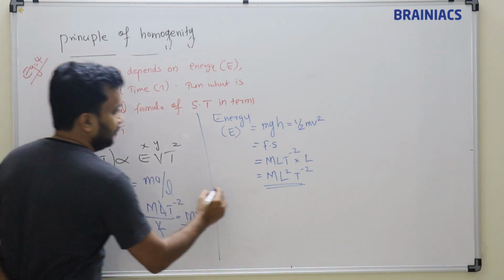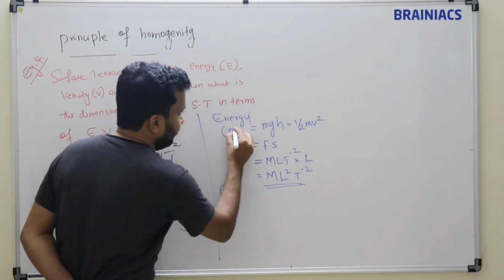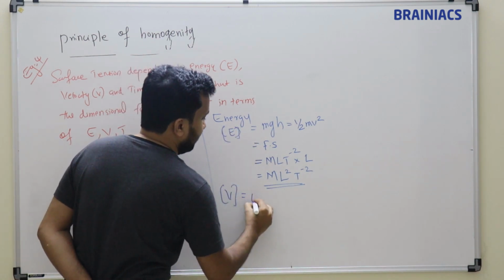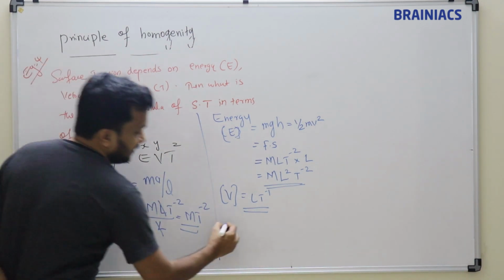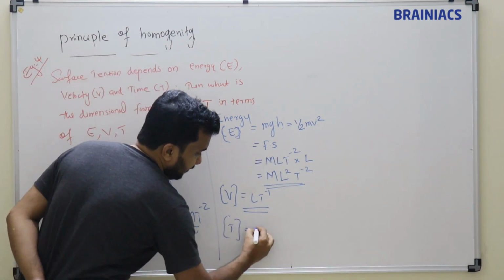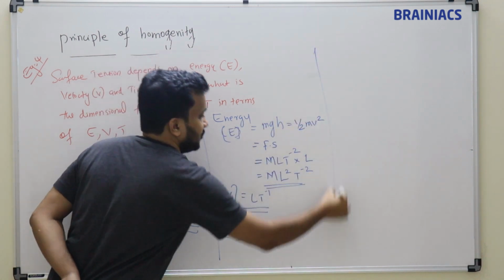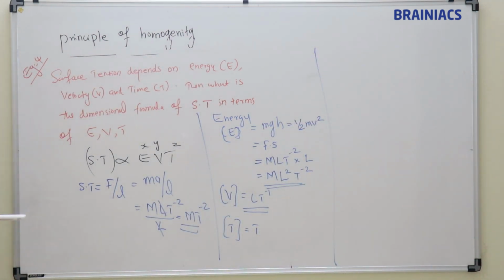Next, velocity V. What is the dimension formula of velocity? L T power minus 1. Next, time: the dimension formula of time is T. Now we substitute.